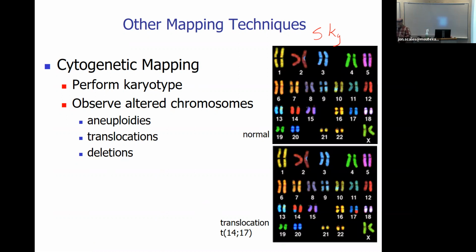So maybe there's a gene right here that's being messed up, and the messing up of that gene, or maybe 2 or 3 genes, is what's causing the problem with the lymphocytes or something. So you could use that kind of analysis to try to get at where the gene is that's maybe messed up, causing a disease, right? Does that make sense? You're trying to correlate what's wrong with the chromosomes to what's wrong with the phenotype.